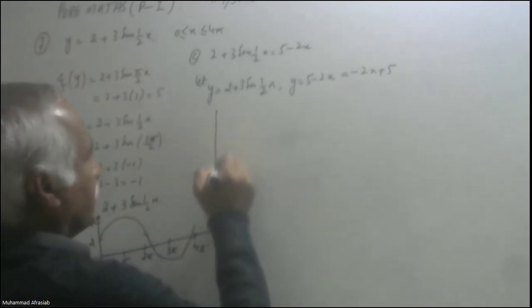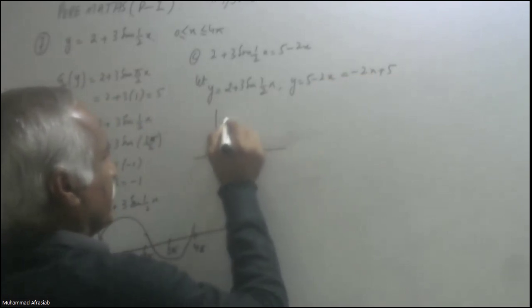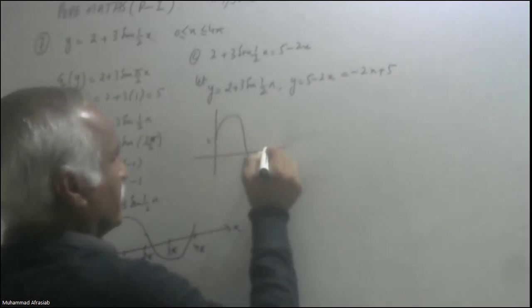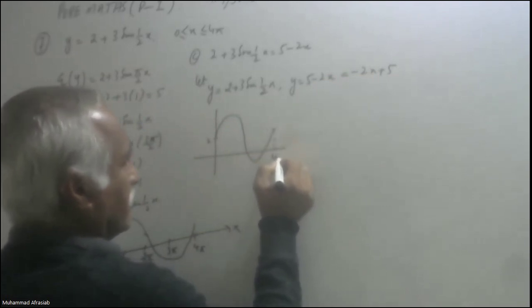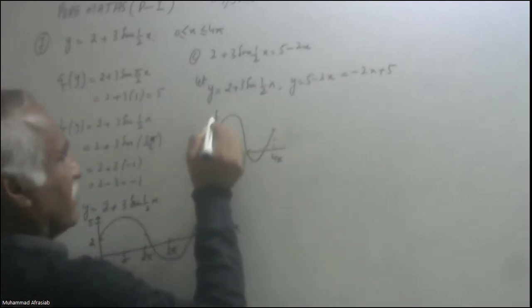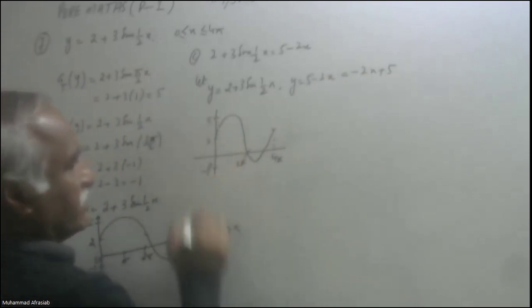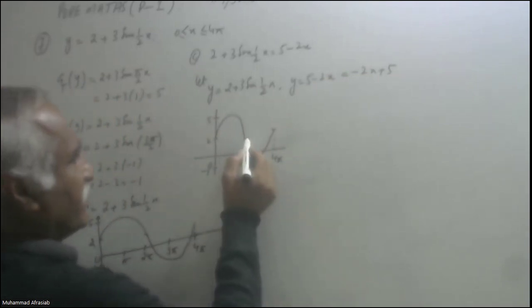We are going to find the number of solutions of these two. For this curve, the graph is like this. This is the maximum value here, and this is the minimum value here. And now we are going to draw the graph of the other one.